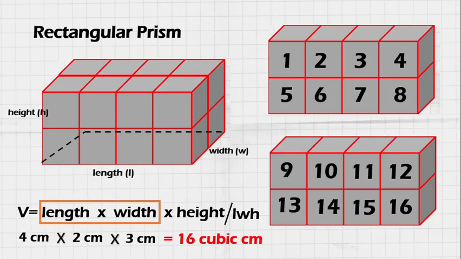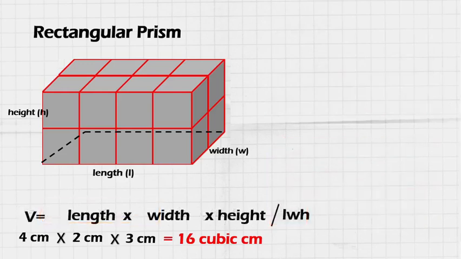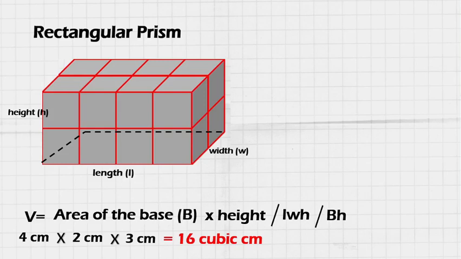Therefore, we can also rename length times width as area of the base. Or we can use this formula: volume of a prism is equal to BH, wherein B is the area of the base times the height.